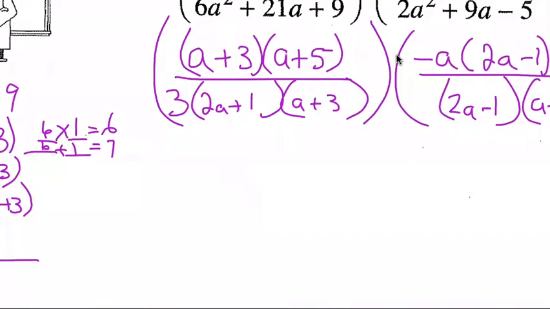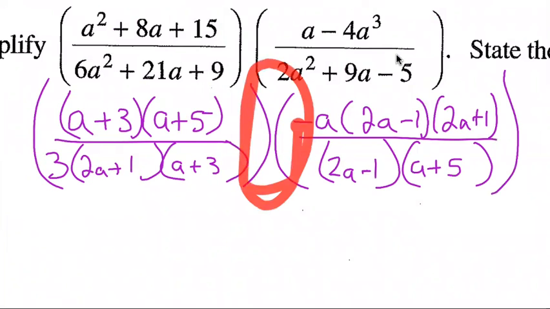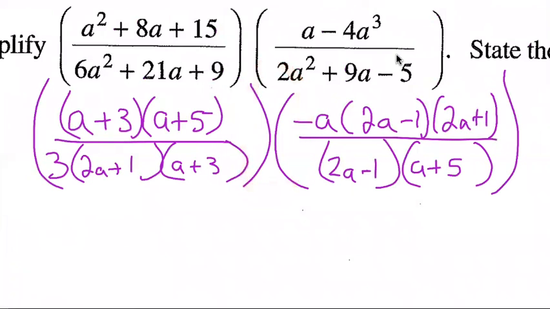Now this is multiplication, so I can simply start to cancel. Remember, 2 brackets side by side means multiplication. So really those brackets don't even exist. This a plus 3 will cancel with this a plus 3.